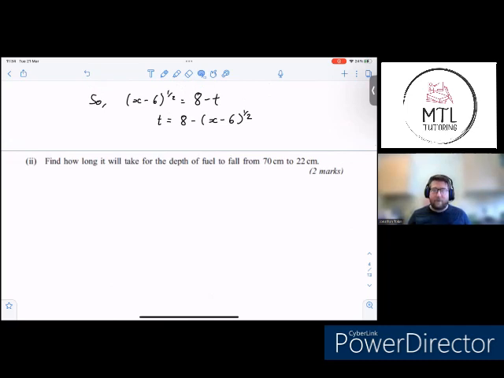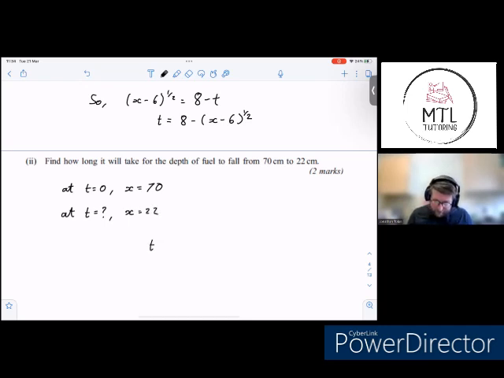So we know that at t equals 0, x is 70. So we're interested in what time it is when x equals 22. That's what we're interested in.